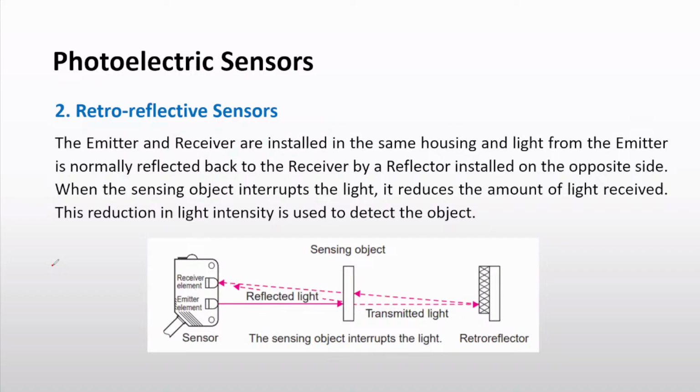Normally, if it is not a reflective surface, the light will scatter. But if we use a retro reflective material, that material reflects the light beam towards its source. Light is emitted from a source, and that material reflects it towards the source.